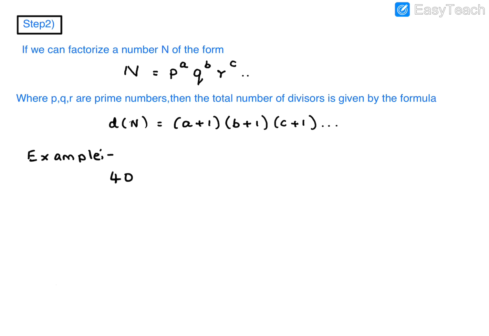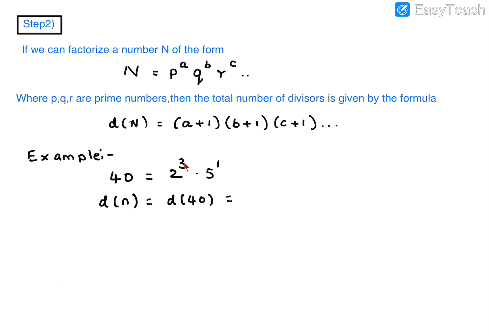40 can be written as 2 to the power 3 times 5 to the power 1. Then according to the divisor theorem, the total number of divisors d of n or d of 40 can be given by the formula a plus 1.